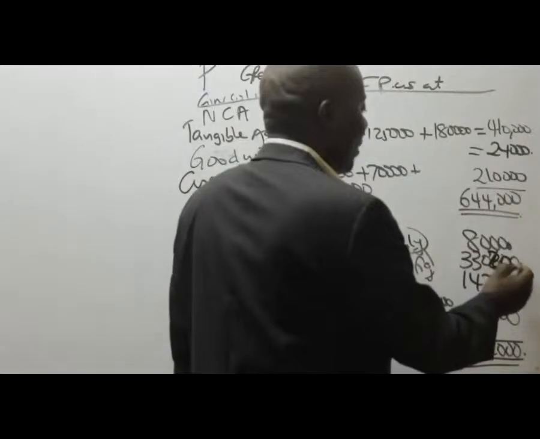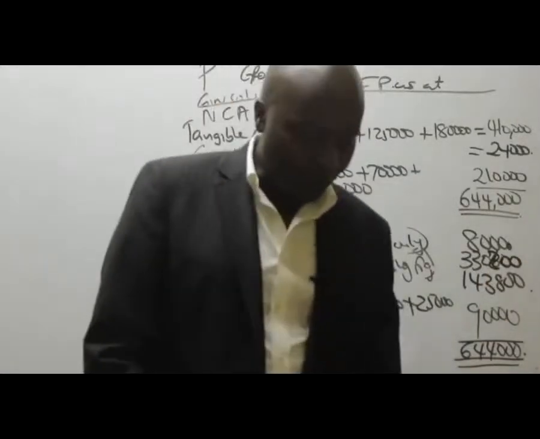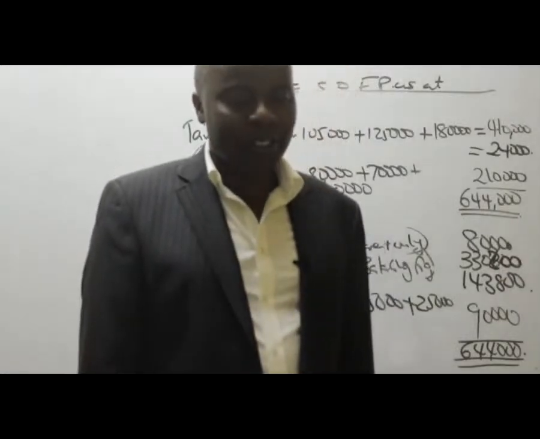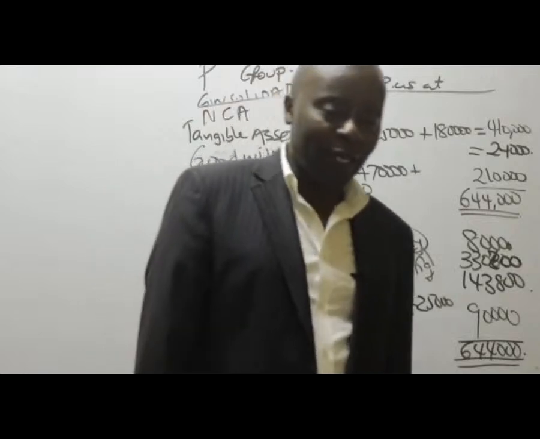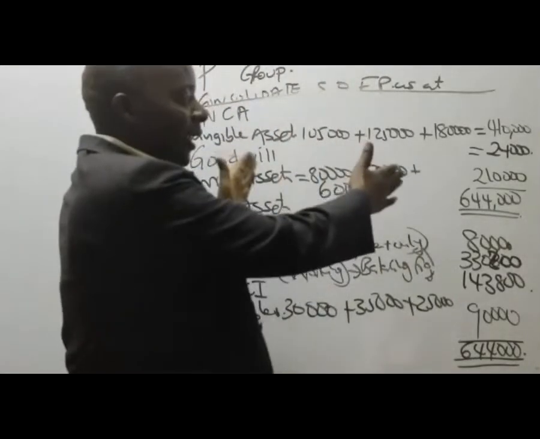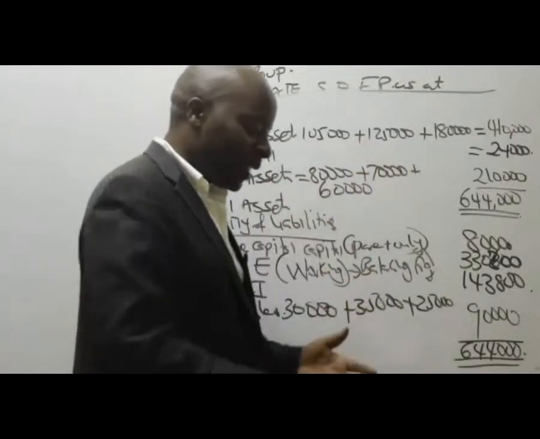And now that marks the end of this statement of financial position. But remember, in an exam, you don't start with this directly. In an exam, what I'll do, I'll understand the group structure.